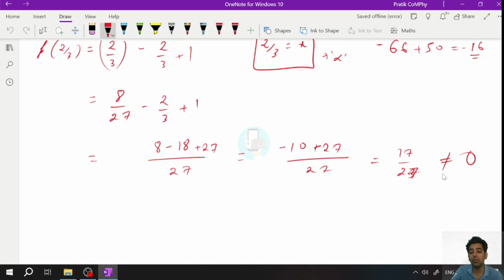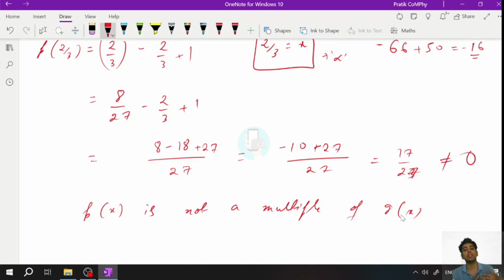Because this is not equal to 0, it is an obvious thing that p of x is not a multiple of g of x. Why? It is a basic thing: when something is a multiple of another number, we do not get a remainder, it needs to be 0. Since I am getting a remainder here, surely it is not a multiple. So this is the idea behind solving this question, right?